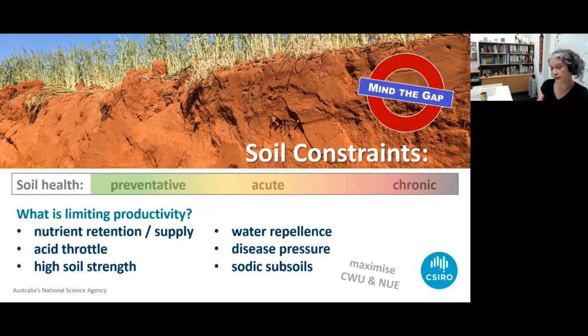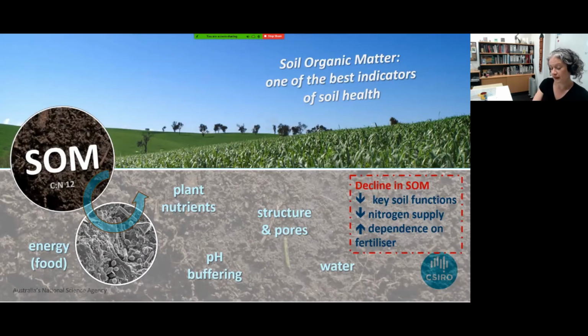I think oftentimes we talk about soil health in a fairly generic manner, but to me, we really need to understand whether we're working in a preventative type case, or whether there are acute and chronic issues within the soil that require more intensive approaches to ameliorate them and then move forward from that.